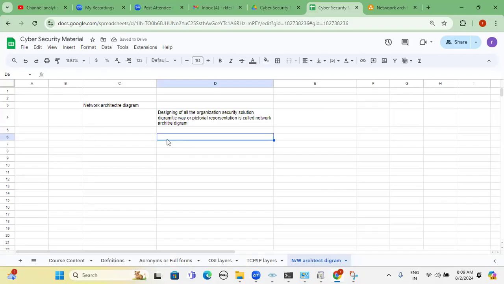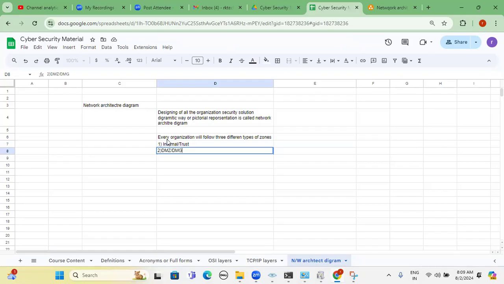So every network architecture diagram follows three different types of zones. The first one is internal, also called trust. The second one is DMZ, whose full form is demilitarized zone.